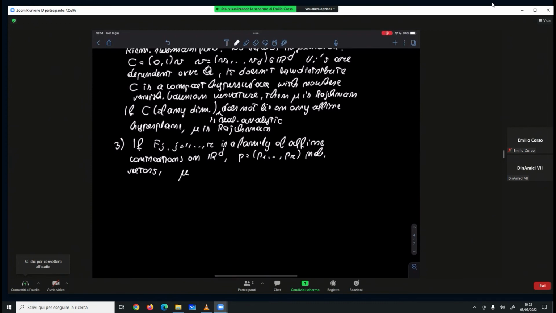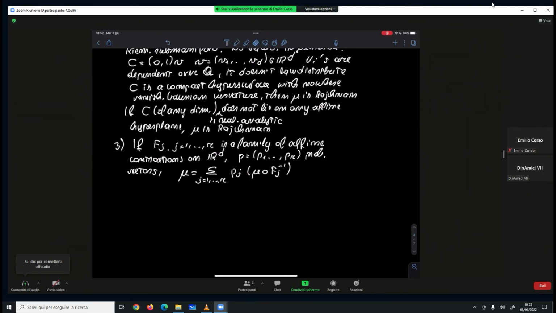So there is a unique Borel probability measure which is self-similar with respect to this data, meaning that mu is equal to the sum over j of pj times mu composed with Fj inverse. So there's a unique measure satisfying this condition.